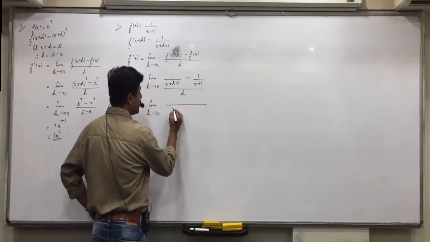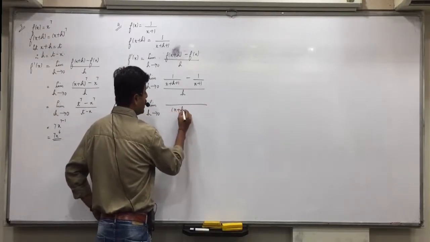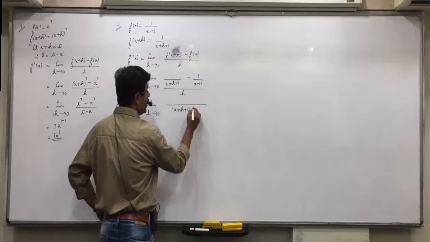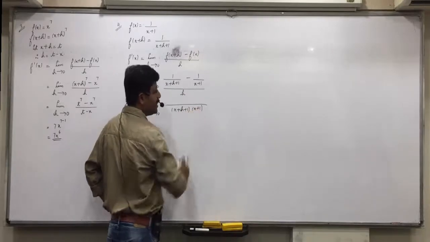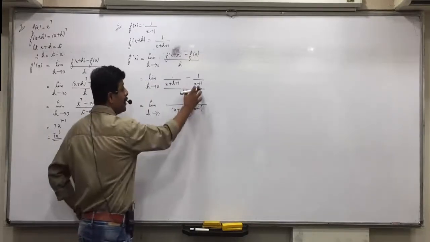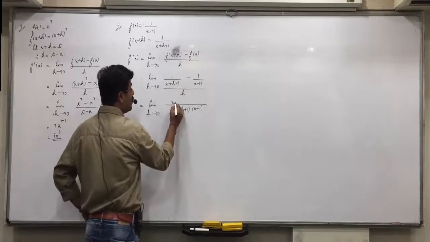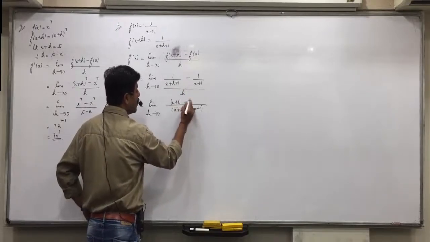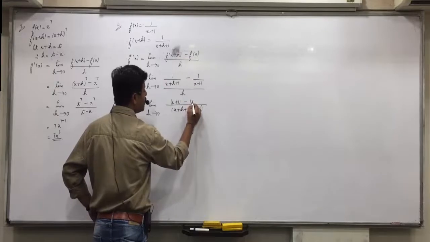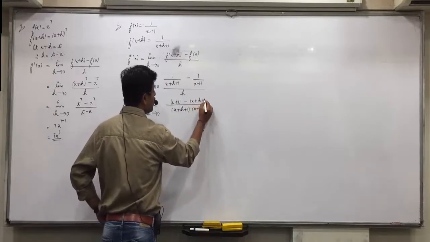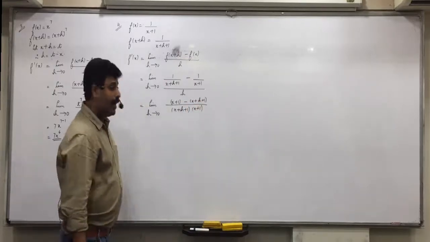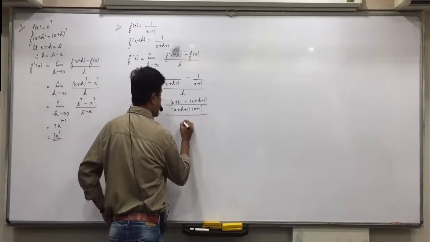The LCM is, silence everyone, x plus h plus 1 into x plus 1. This is the LCM. And cross multiply. X plus 1 into 1, x plus 1, minus 1 into x plus h plus 1, x plus h plus 1. And divided by h.